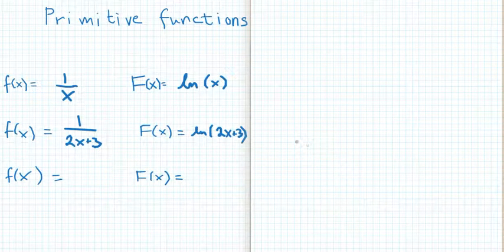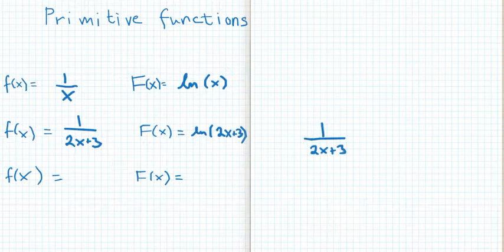If we're going to find the derivative of ln of 2x plus 3, we would have to do it like this: 1 over the expression itself, so 2x plus 3, and then we multiply with the derivative of this expression. The derivative of 2x is 2, and the derivative of 3, or any number, is 0.